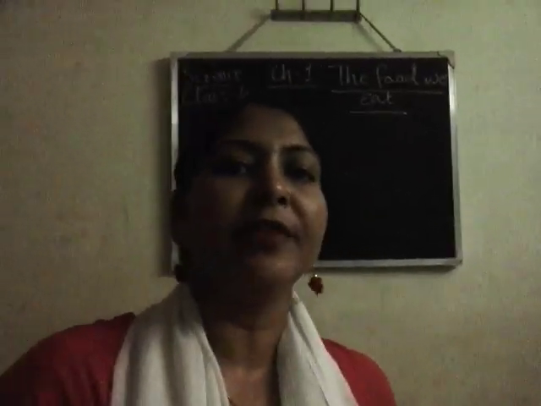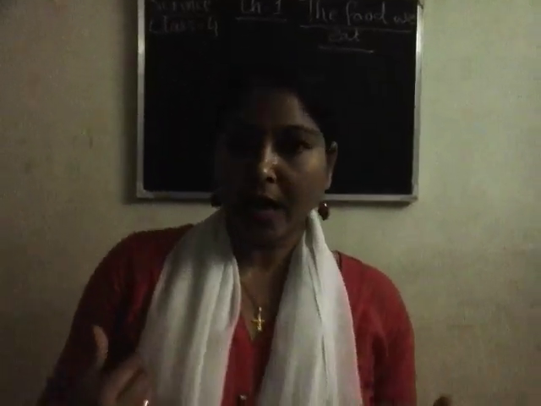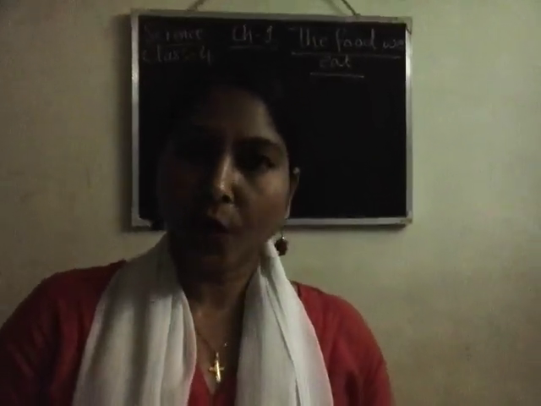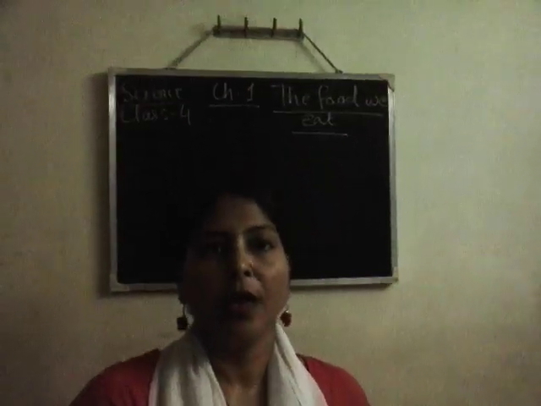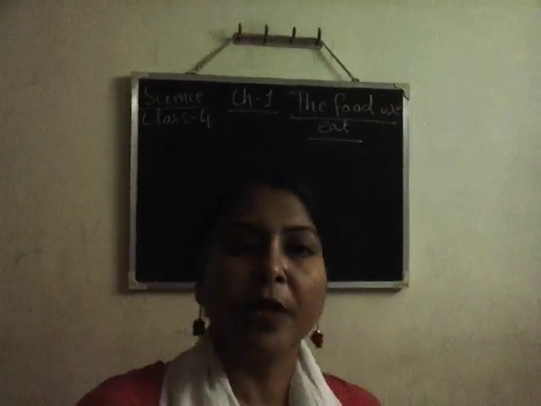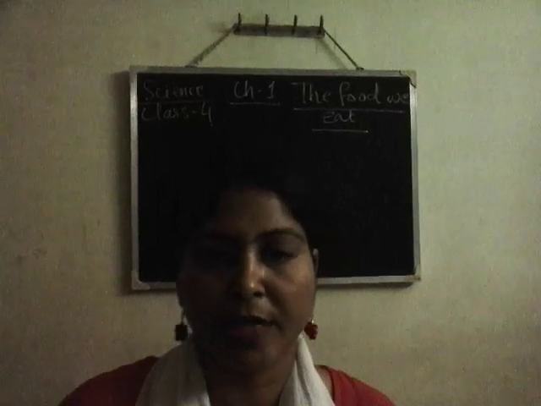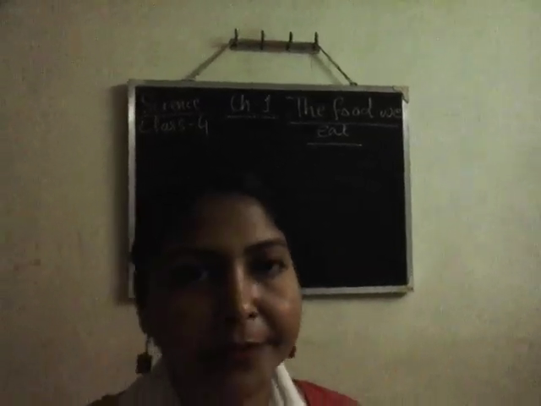So we all need food and water to live, right? Food and water not only help us to live but also help protect us from different diseases. It makes us strong. It also repairs the wear and tear parts of our body, right?